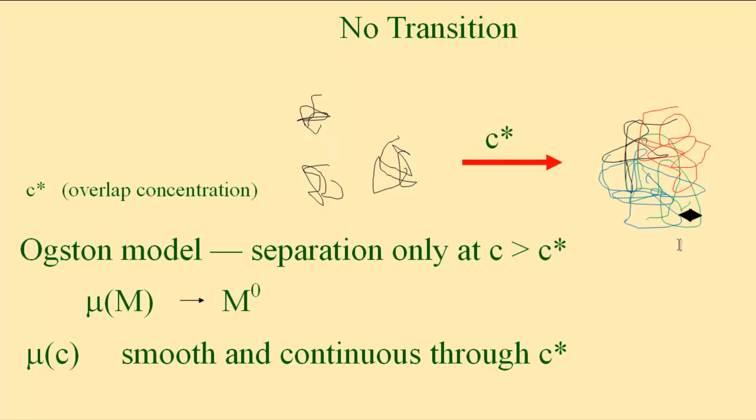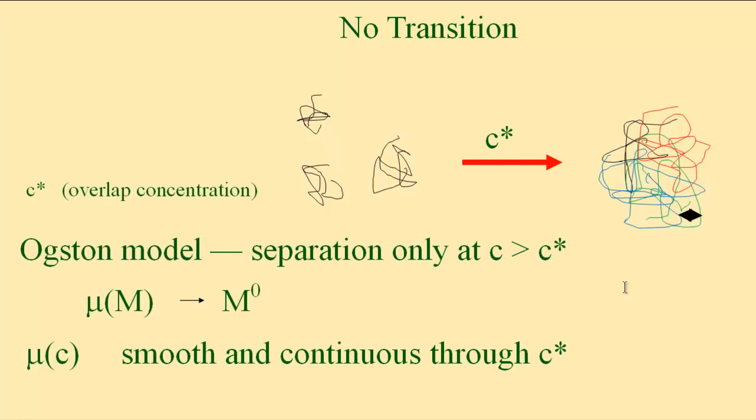However, in the Ogston model, you only get separation at concentrations above C star, concentrations at which the polymer solution actually has those holes, such as the one indicated by the black diamond. Furthermore, if you look at the Ogston model, it doesn't really matter how long the chains are as long as they're long enough to form those holes.